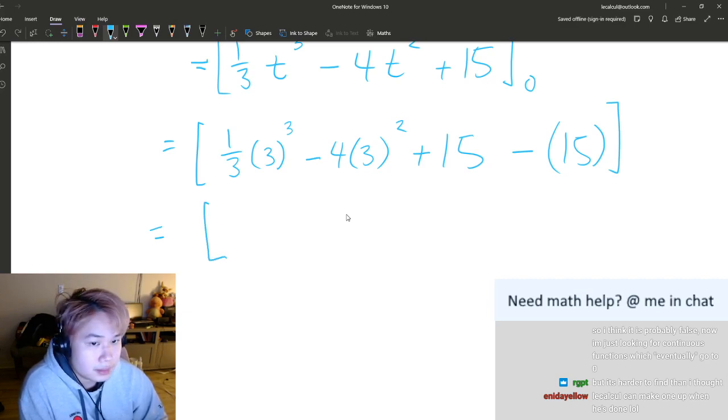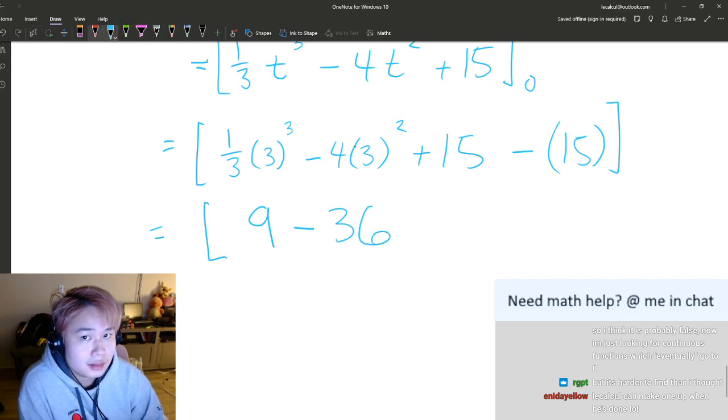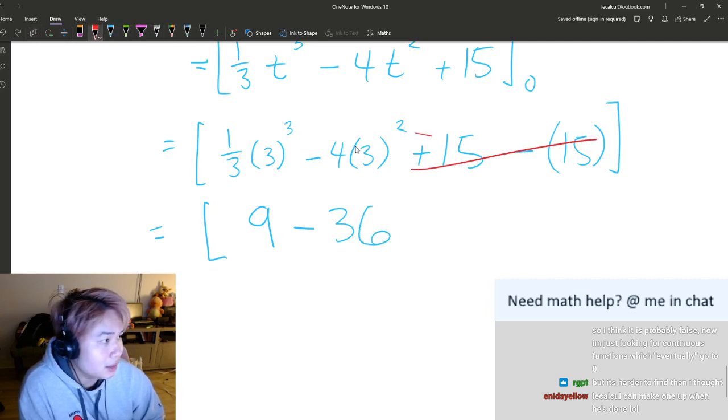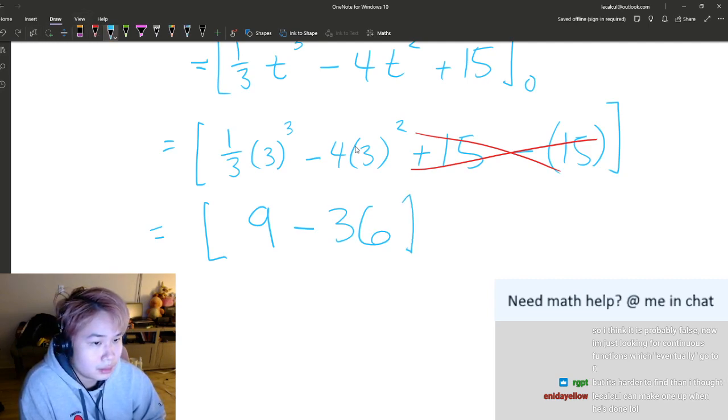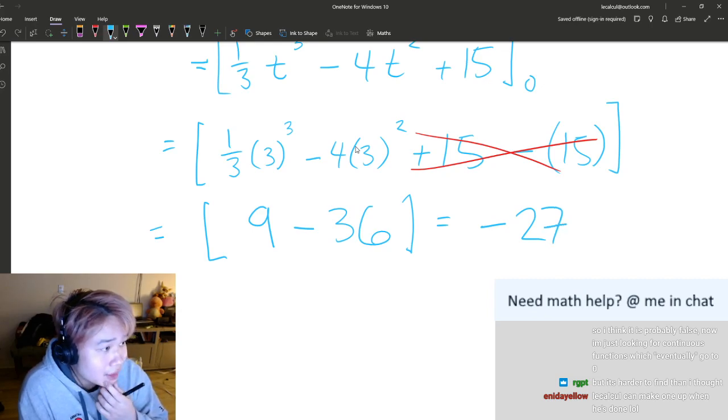So this is 9, right? And then 3 squared is 9 times 4 is 36. And then the 15s cancel. So the position of particle Q is negative 27, so like 27 whatever units to the left of where it started.